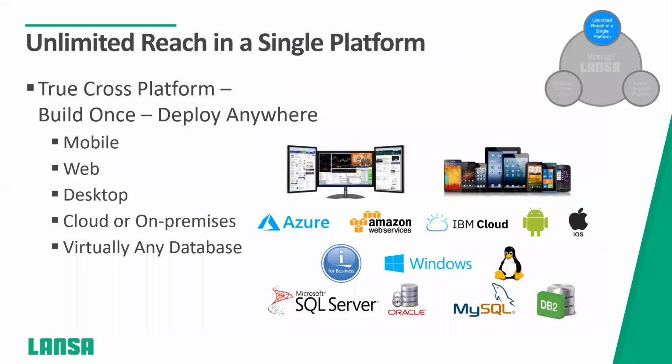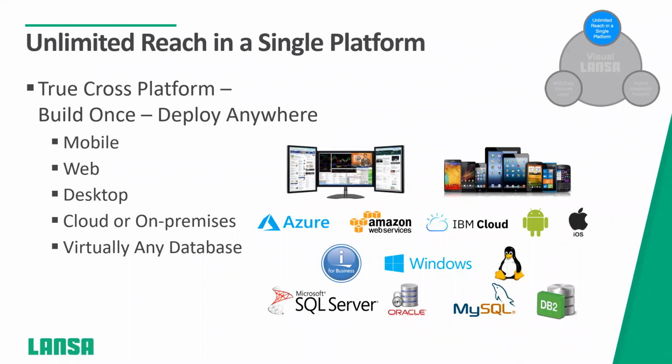So just a couple of things that really distinguish the LANSA platform. The first is that we want to provide unlimited reach in that platform for all the applications that you want to build, regardless of where you intend to deploy them. So it's a truly cross-platform solution, allowing you to build your applications once for desktop, web, and mobile and deploy them anywhere. Because we've been around a long time, we have a lot of experience for on-premise solutions, but we also have done a lot of work with cloud too.